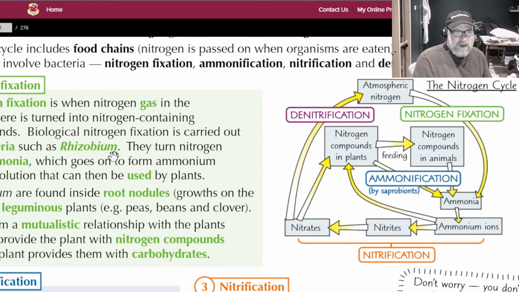Then you could ask what bacteria carry it out, and the answer is rhizobium. Question three could be: where do nitrogen fixing bacteria live in leguminous plants? The answer would be root nodules. What type of relationship do nitrogen fixing bacteria and leguminous plants have? On the back: mutualistic.